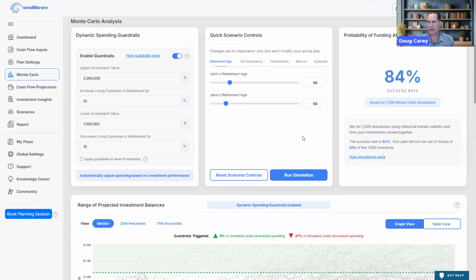Someone's asking about default values for all the things we're seeing here for these scenarios, and are they updated regularly? Default settings, a lot of them are, yes. Returns we update, inflation we update.